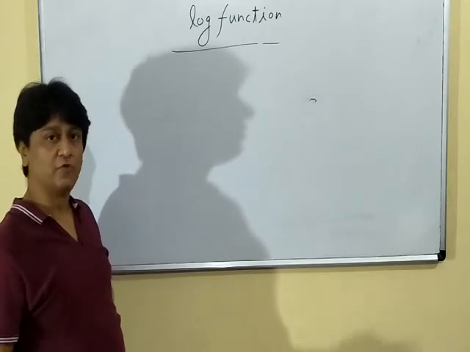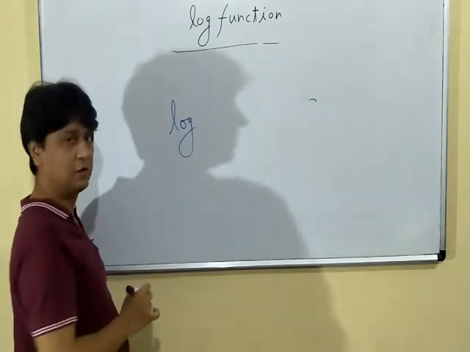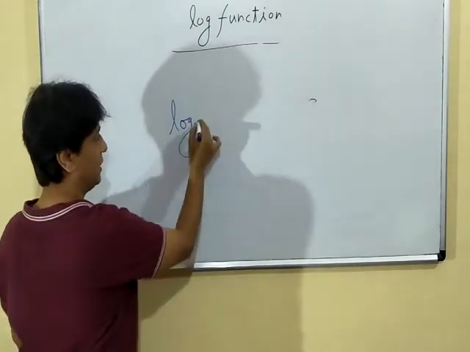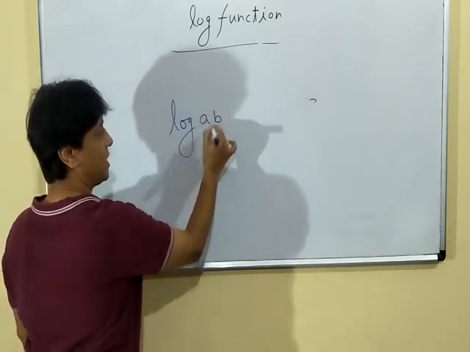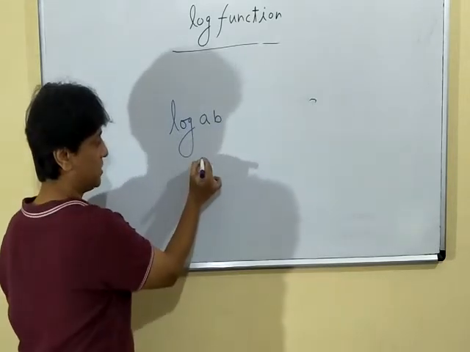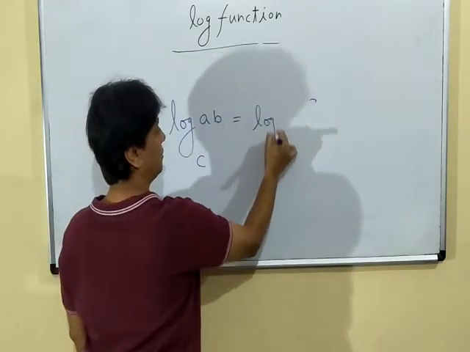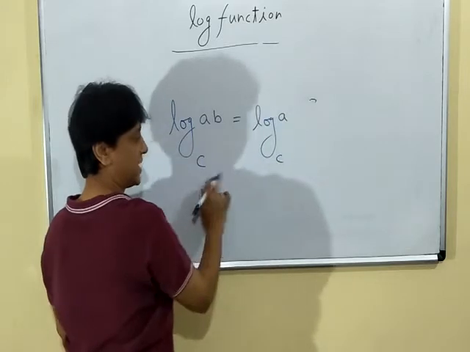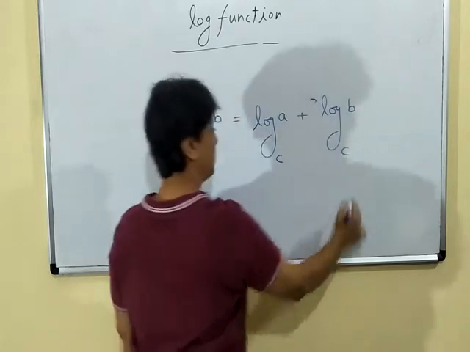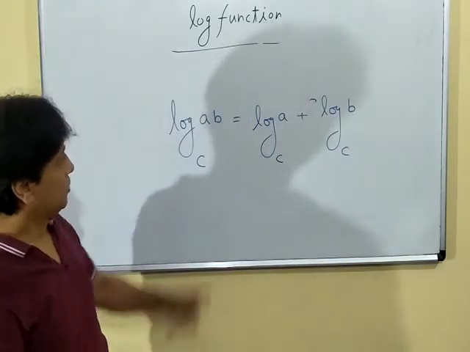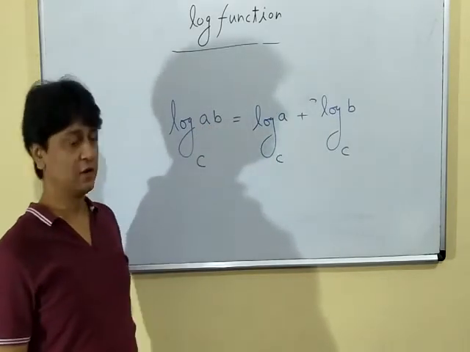Now let's see a few properties of log. Log of A multiplied by B for some base C is log of A for the same base C plus log of B for the same base C. Product of A and B, how do you open this thing?